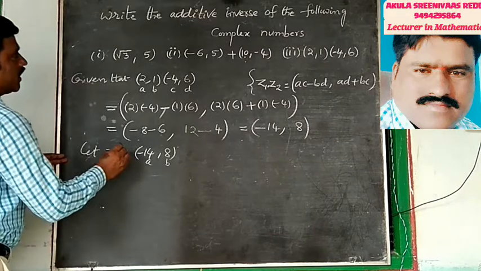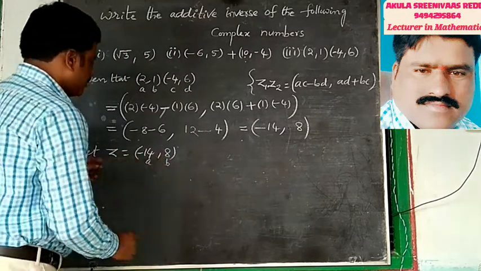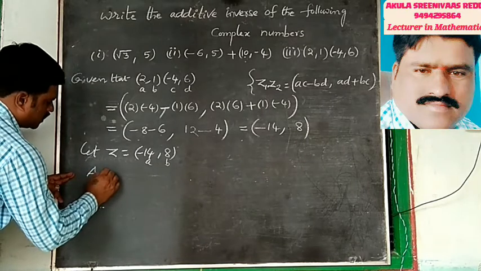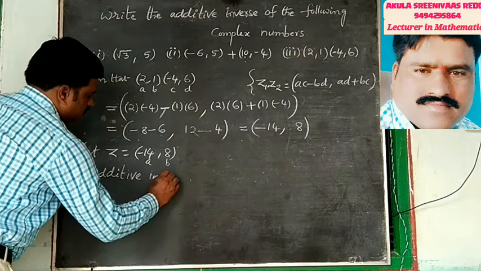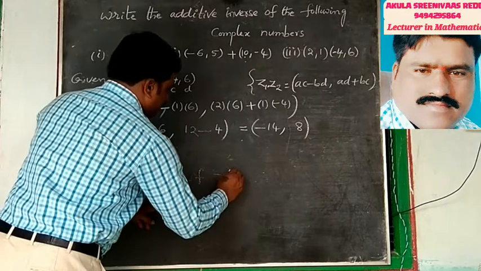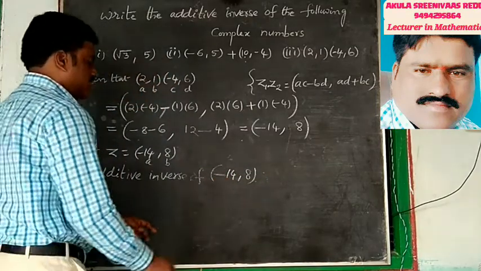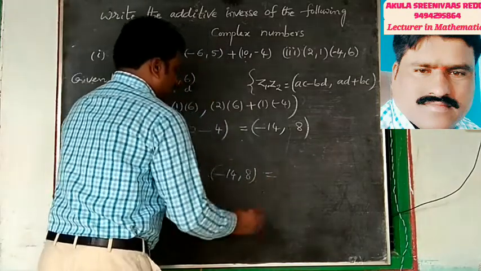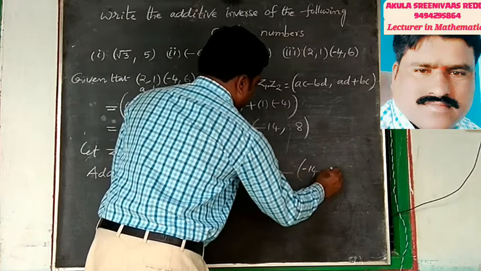Additive inverse. Now find the additive inverse of (-14, 8). Therefore, the additive inverse of (-14, 8) is minus of (-14, 8).